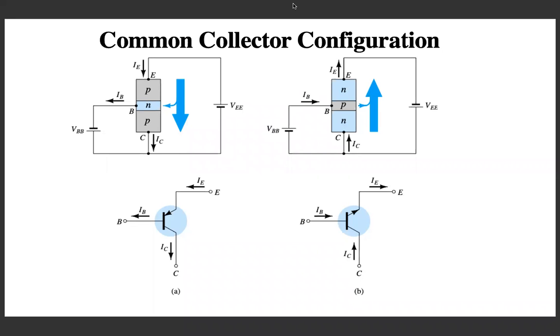And similar to the previous configuration, here we will have one of the terminals as common between input and output. So as the name specifies, in this we will have common collector point right here or right here. These are two diagrams showing the configuration and biasing for PNP and NPN transistors.